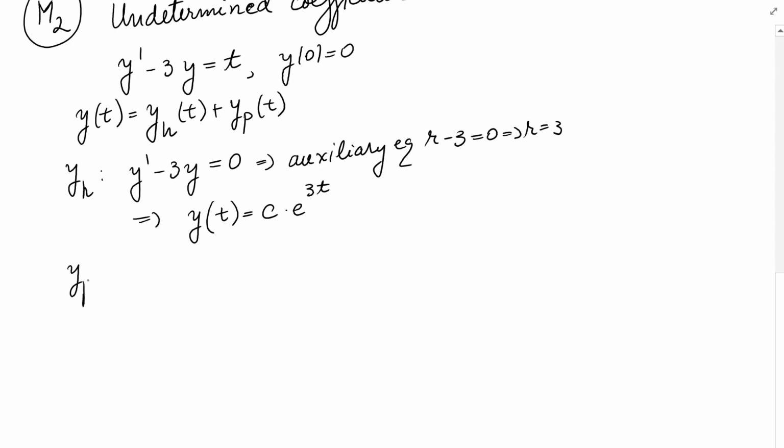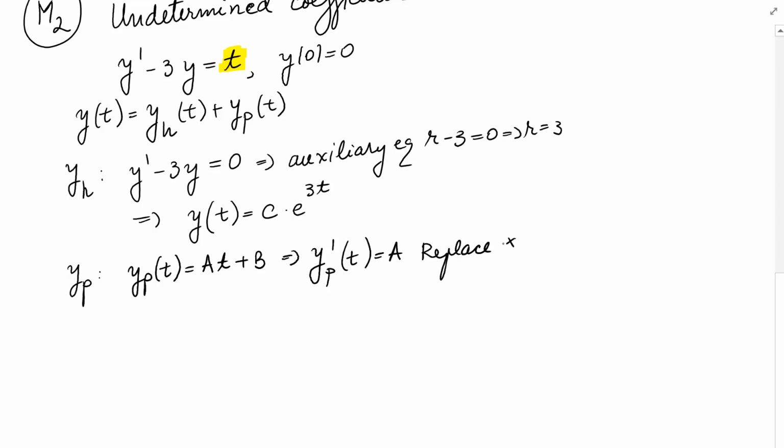Now for the particular solution, because our right-hand side is equal to t, we are expecting the particular solution to be of the form at plus b, a linear function. yp prime of t is going to be a, so we replace them in the equation, let's call this star, and we get a minus 3at minus 3b equals t.